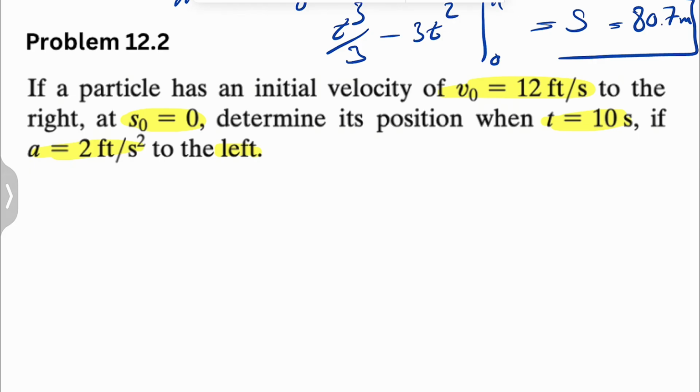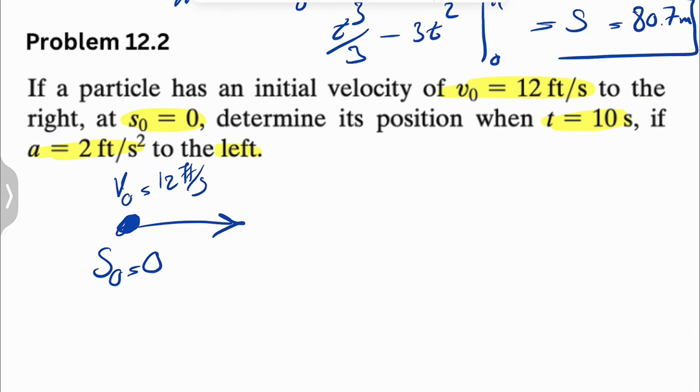So if I just want to show what's happening here, we have this particle that has the initial velocity of 12 feet per second in this direction. This is going to be our initial position, 0.